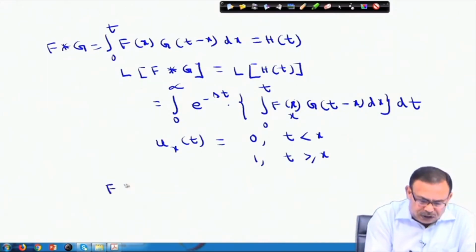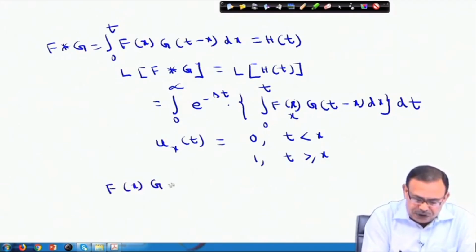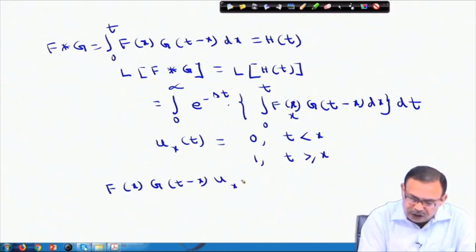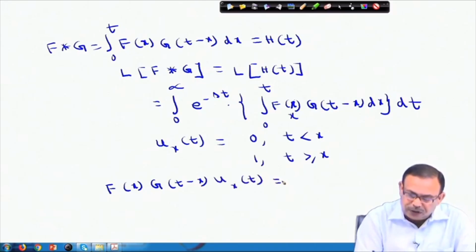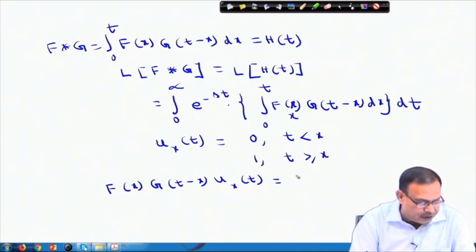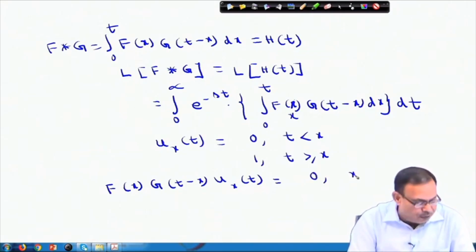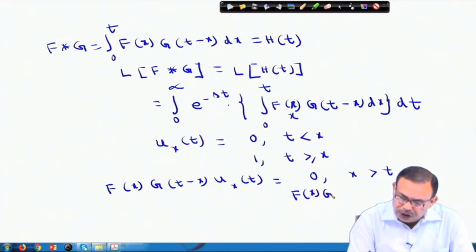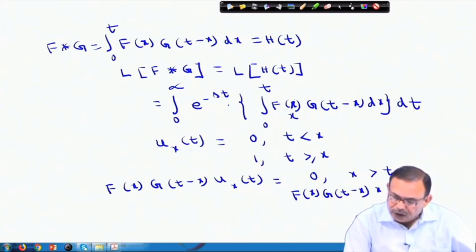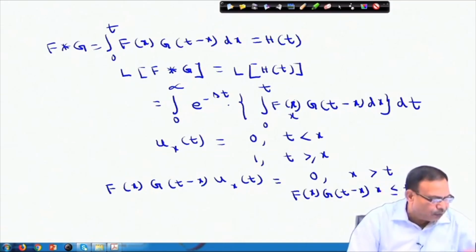What will be this function then? If I multiply by this function into f(x) g(t minus x), this will be 0 for x greater than or equal to t, and this will be f(x) g(t minus x) for x less than or equal to t, we can write down.